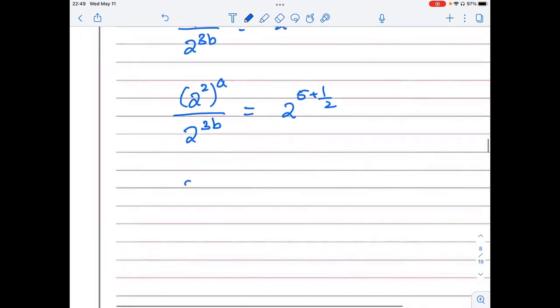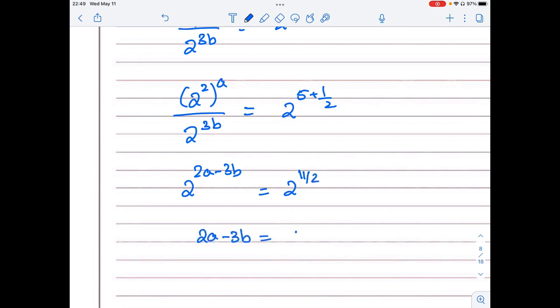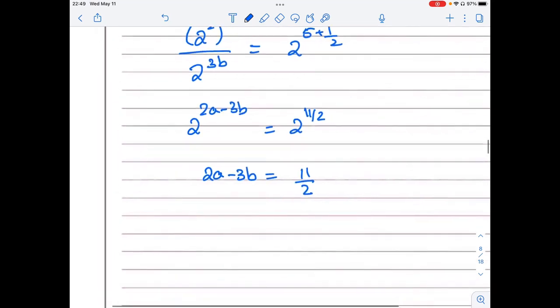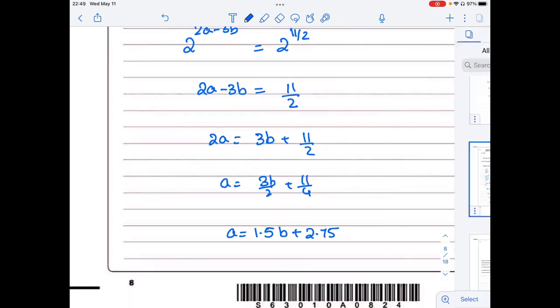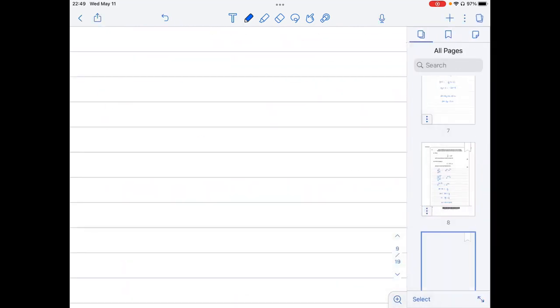So this becomes 2 power 2a minus 3b equals 2 power 11 upon 2. So 2 and 2 get cancelled. 2a minus 3b equals 11 upon 2. So 2a equals 3b plus 11 upon 2. a equals 3b upon 2 plus 11 upon 4. So 3b upon 2 is 1.5b plus 11 upon 4 is 2.75. That is the value of a in terms of b.